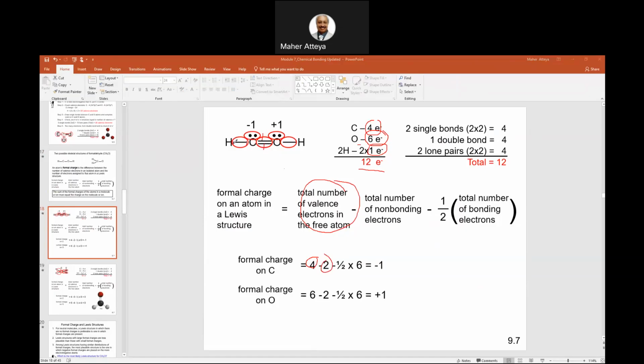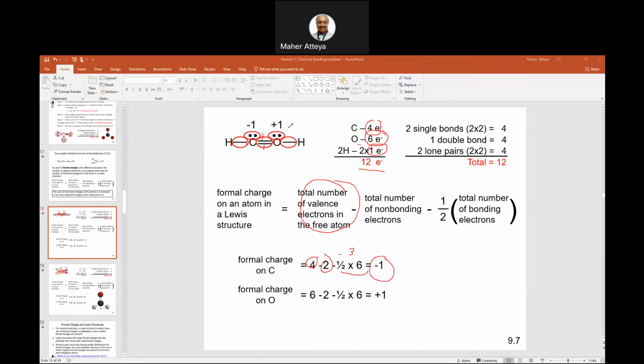So you have 6, minus half of the 6. So this one here is minus 3, correct? Minus 3, minus 2, minus 5, plus 4, minus 1. So carbon has minus 1.